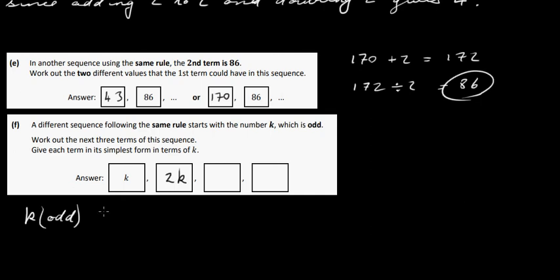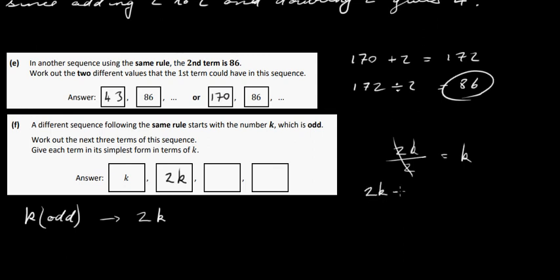Okay, so we've gone from k to 2k. Now 2k is an even number. It's an even number because 2k is divisible by 2. You take 2k and divide by 2, you'll get k. So what do we do with even numbers?